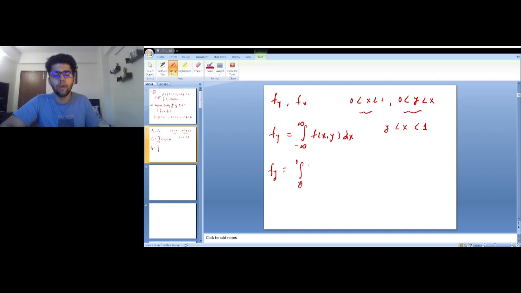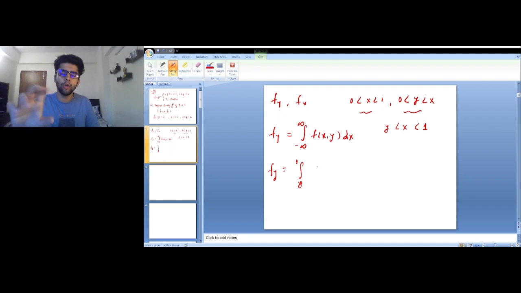From y and 1. See, the reason why I'm not using 0 here, right? This is because I need to find the marginal density function of y. My main aim of doing this is I should get a term from f x comma y which is independent of any variable x. So the term that I get in the end, f y, the marginal density of y, should be independent of any other variable, right?